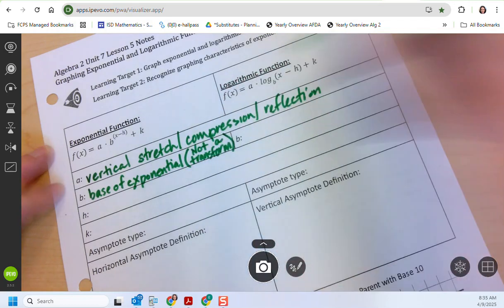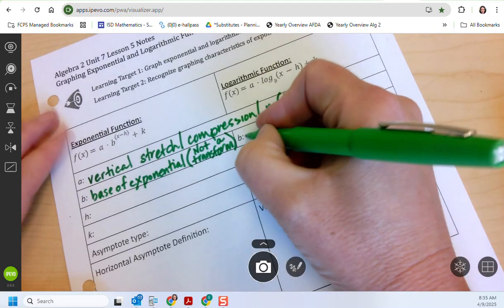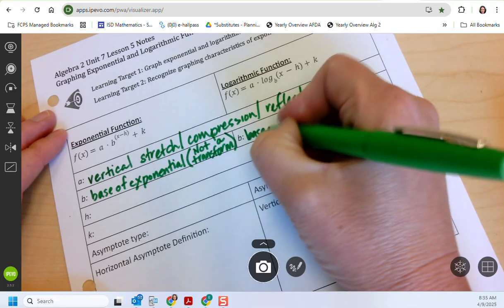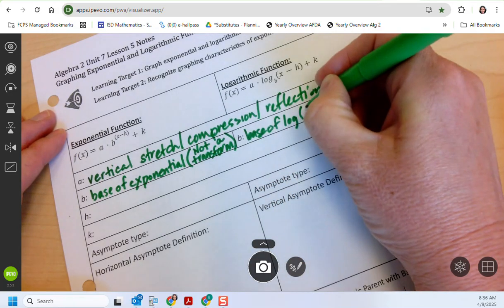I'm just going to write "not a transform" because I can't fit it in there. And then this B is the base of the log. And again, not a transformation.